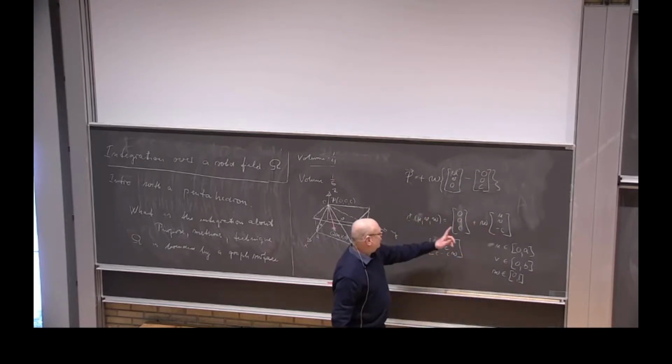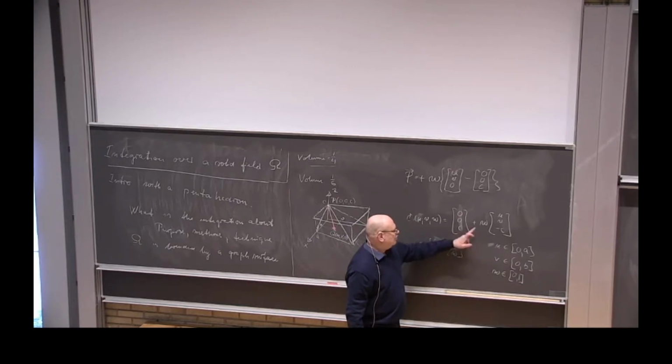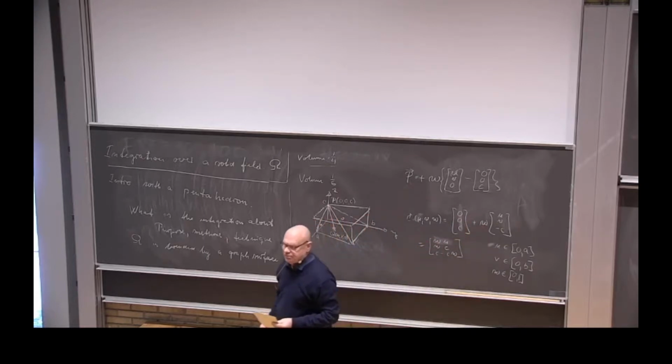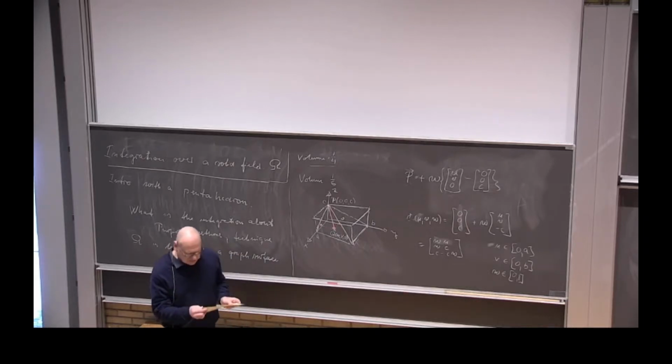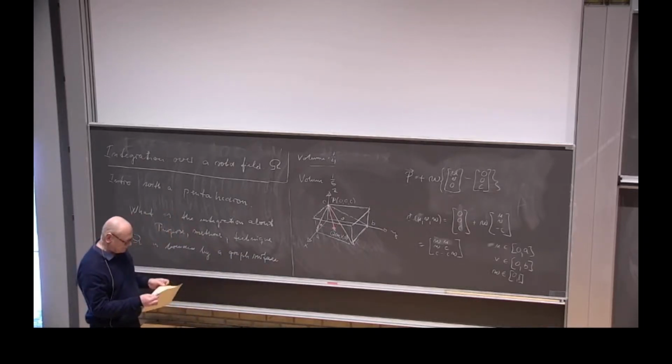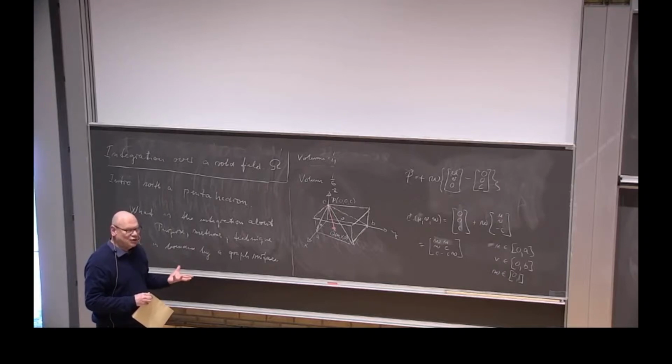Because whenever W is 0, you are at the point P, and when it is equal to 1, you are at the point Q, and you can reach any point in between. So this is a parametric representation. I have a Maple file showing this, and I will upload it afterwards so you can see it.